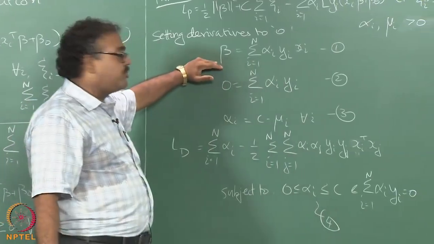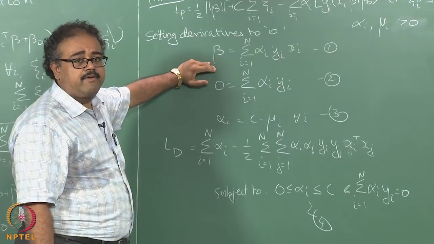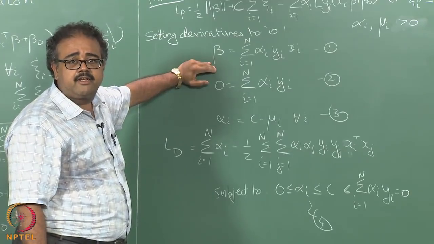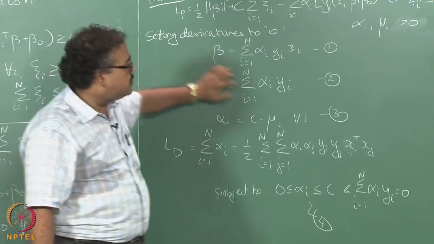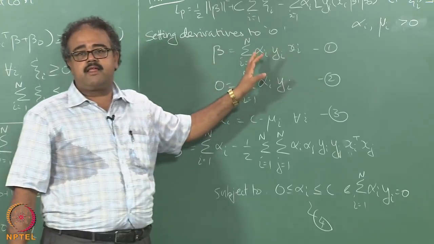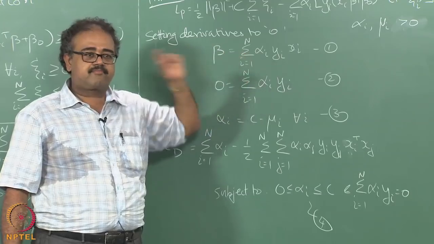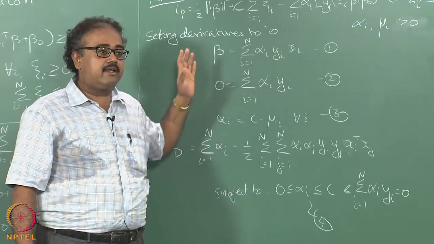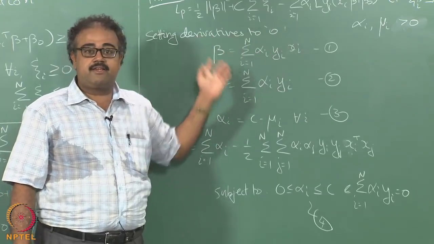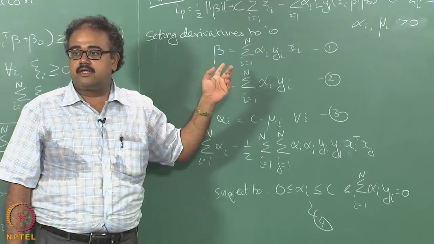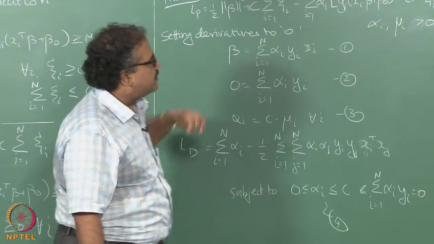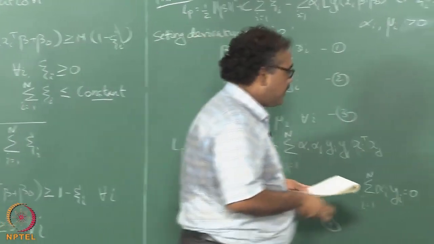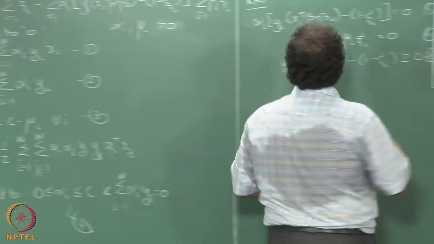Well, you notice again that your beta is determined by your alpha i, yi, xi, just like you had earlier, right? Your beta is given by those xi's for which alphas will be non-zero. So like we had earlier, those xi's for which alpha is non-zero are called support points, or support vectors, depending on how we want to look at it. Now let's look at when it will be non-zero.